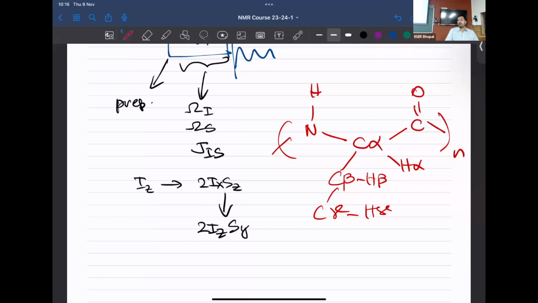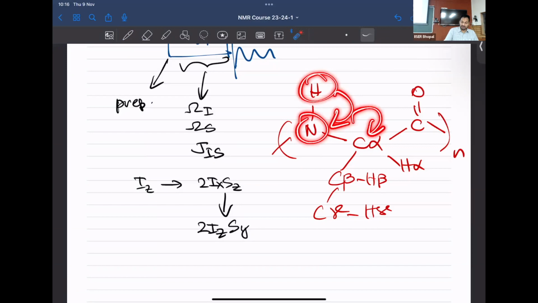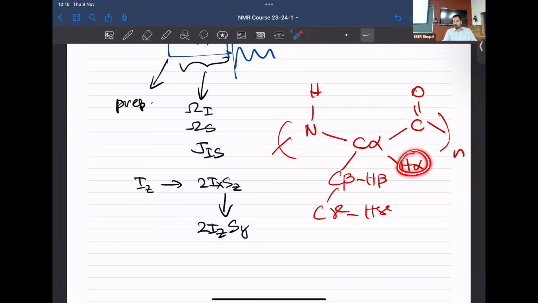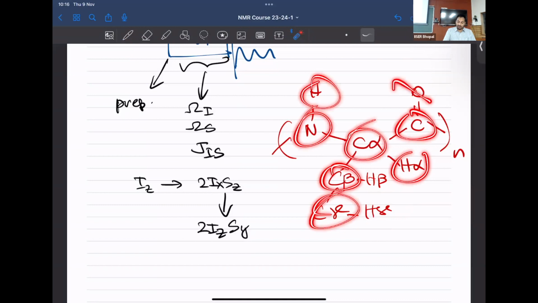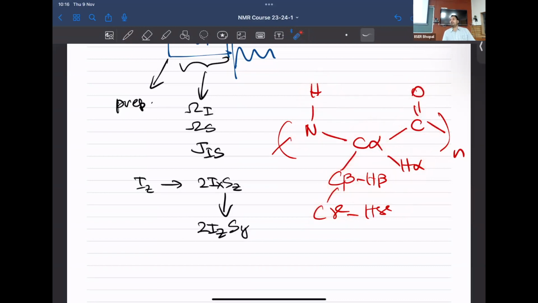Let's say these spins are there. The moment you go from H to N and N to C alpha and somehow get the sequential C alpha assignments, then you also get the H alpha. From H alpha, you can always jump to the H beta through the COSY experiment. From H beta, you can always jump to the H gamma. With this, you'll be able to assign everything in a given protein except for the oxygen, because the oxygen is not NMR active.